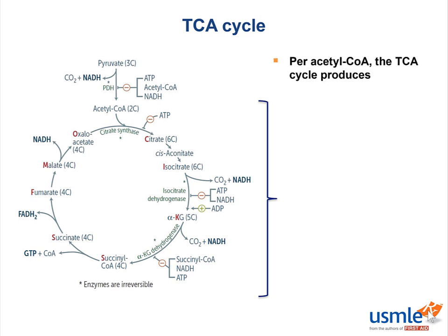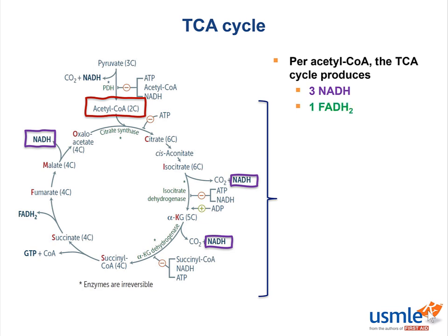For every acetyl-CoA, the TCA cycle produces 3 NADH, which we can see in these steps here, 1 FADH2, seen here on the left, 2 carbon dioxides, or CO2, here in blue, and 1 GTP, here in yellow. This all equates to approximately 10 ATP per molecule of acetyl-CoA.